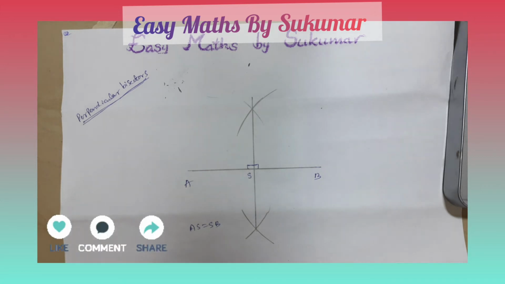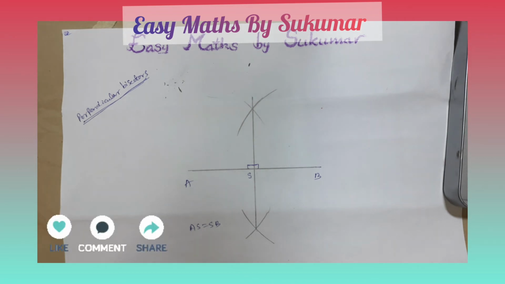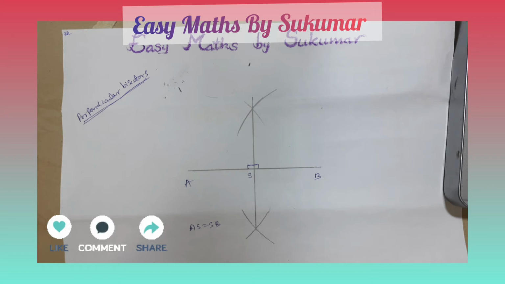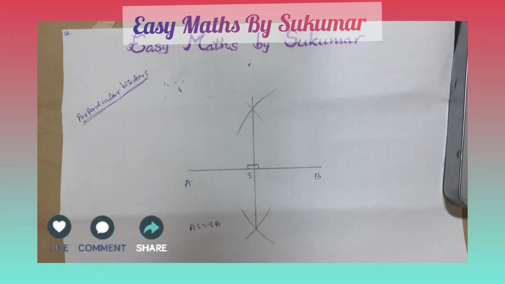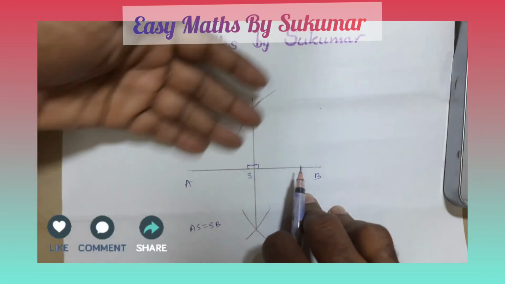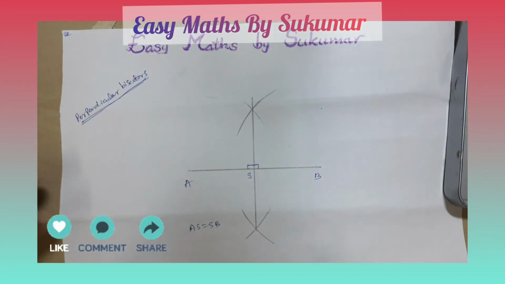So, my dear students, so far we learned how to construct an angle of 60 degrees. With this 60 degrees, we can also construct 90, 30 degrees, 120, 150, and so on like that. And we have learned the angular bisector also. Now we have learned the perpendicular bisector of a given line segment.